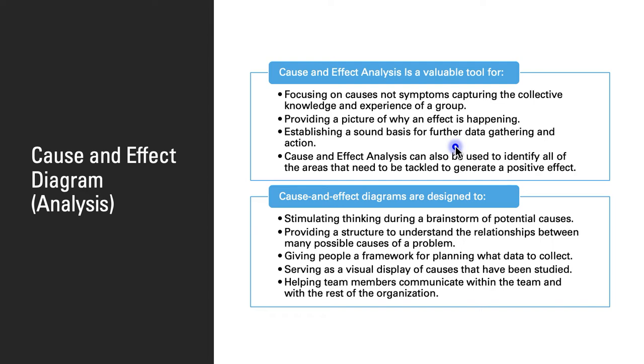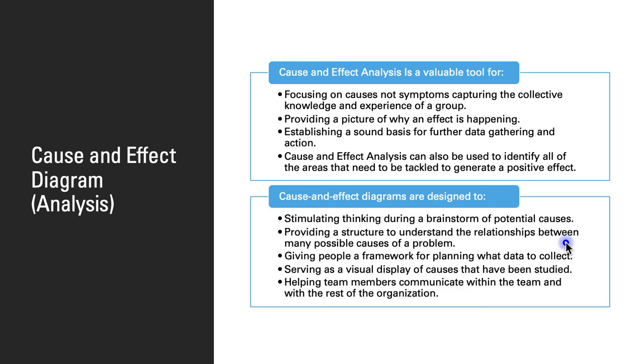In here, we provide a picture of why an effect is happening. Okay? Third, establishing a sound basis for further data gathering and action. Since we are doing our analysis very carefully, and since we are getting the root cause of the problem, we now have what we call a sound basis in gathering the data and providing the appropriate action. And this analysis can also be used to identify all of the areas that need to be tackled to generate a positive effect.